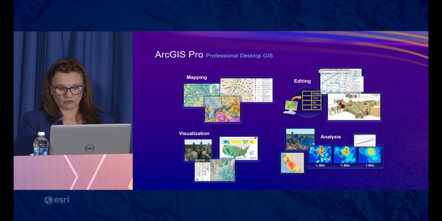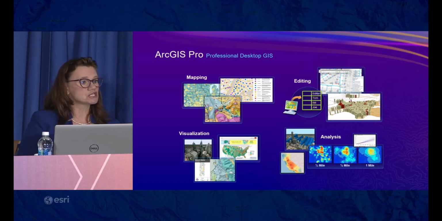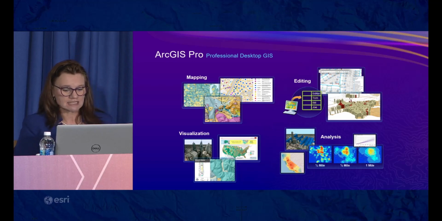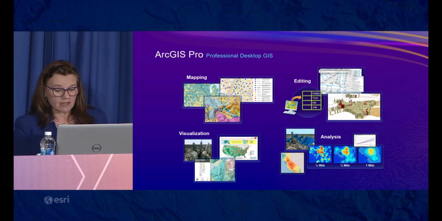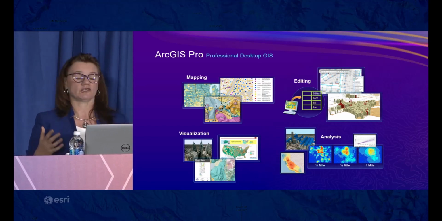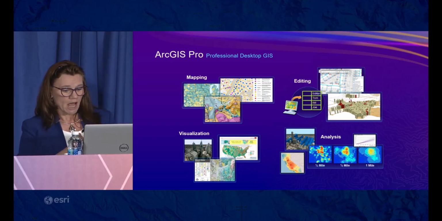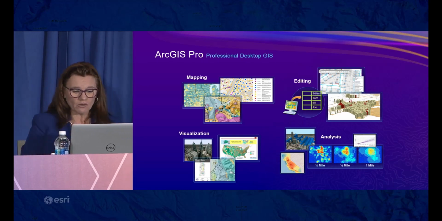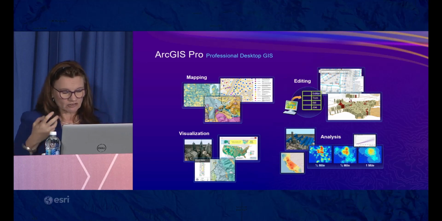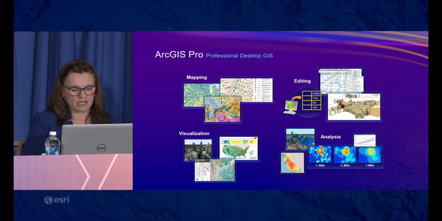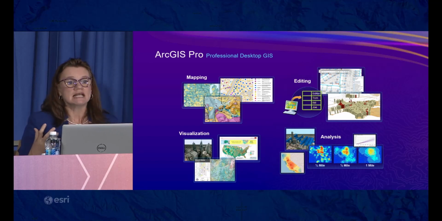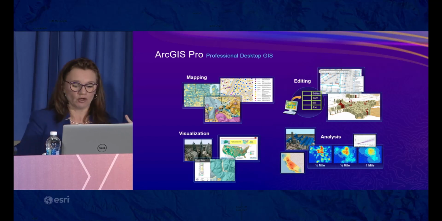We can also create charts and animations as additional kinds of visualizations. On the data management side, we have our editing environment in ArcGIS Pro. We can edit in 2D and in 3D. And of course, we have all our analysis tools that give us access to the depth of our data to derive information from our data, information that is not just visible by looking at the map.